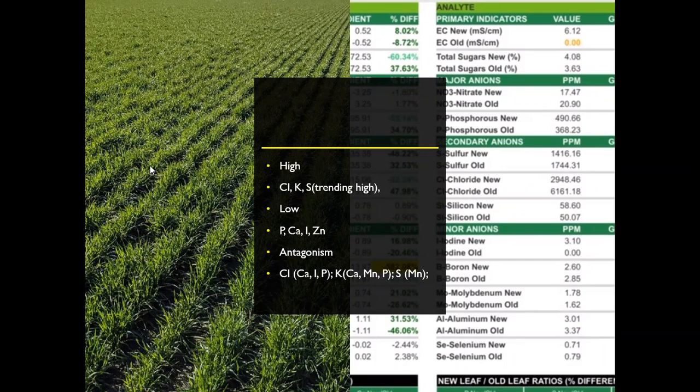The interesting part about this, and one of the other tools that I want you to use based on a leaf extract or a plant sap analysis, is where is this chloride coming from? We so often talk about excess of sodium, and I'll use that as an example. If we have excess sodium in our soil, we need to identify where it's coming from before we can reduce it. Is it coming from our water?